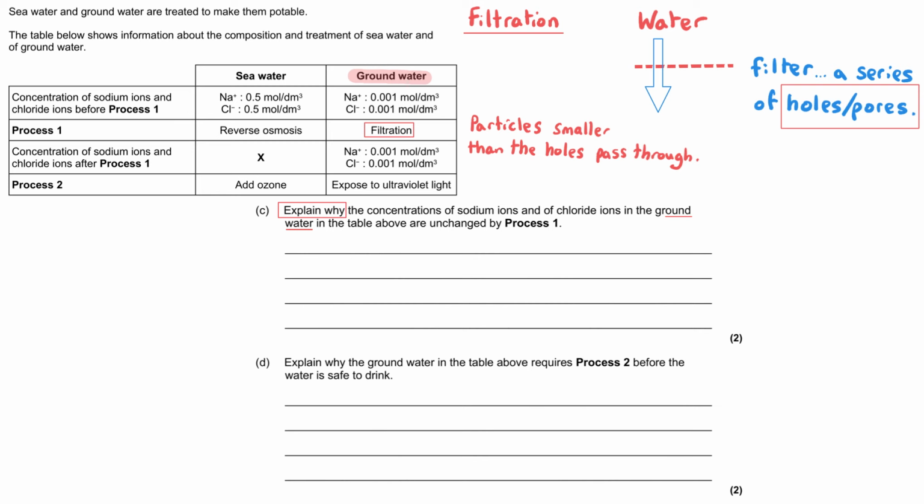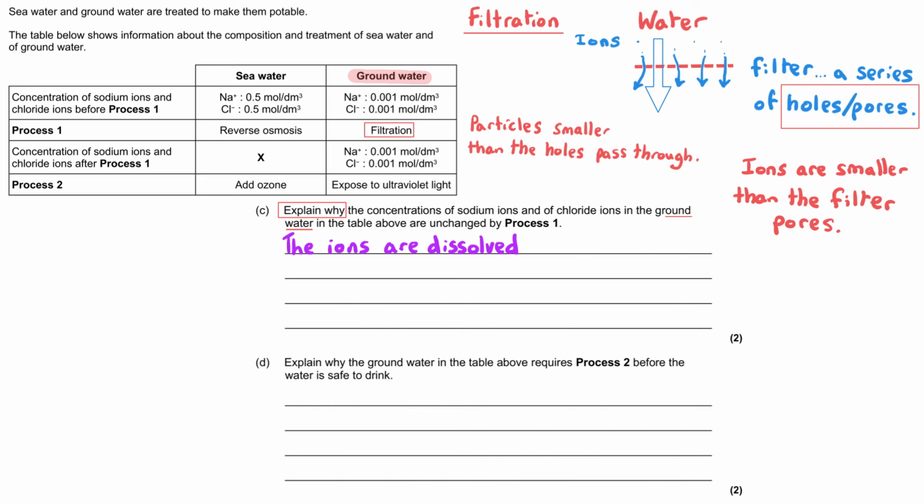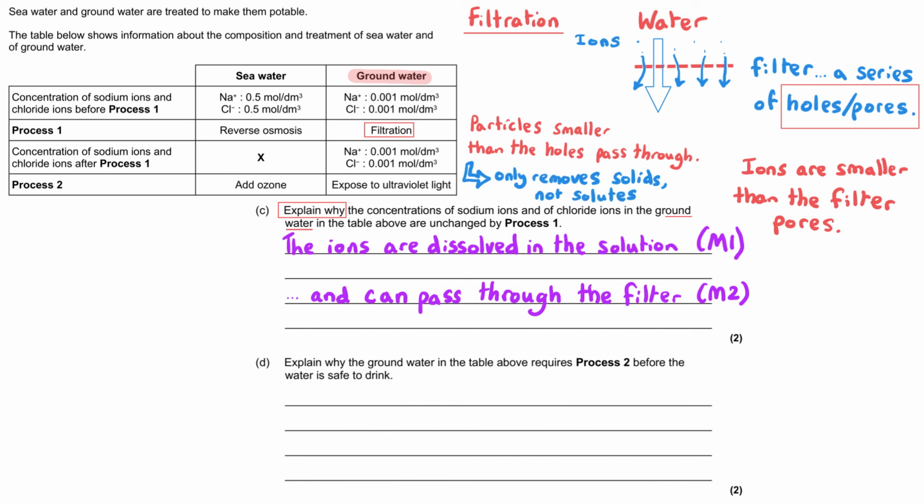And when you are filtering something that is dissolved, the ions are very, very small, and so the ions are small enough to pass through the tiny holes in the filter. And that's because they are dissolved in the solution, or you could just say that they are in the solution. And so filtering or filtration only removes solids that are insoluble, not the solutes that have dissolved in the water.